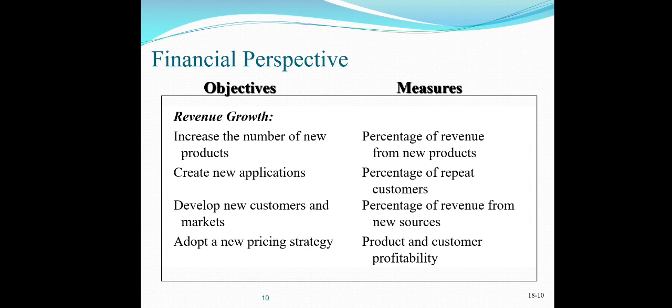For increasing the number of new products, the measure is percentage of revenue from new products. Create new application, the measure is percentage of repeat customers. Develop new customers and market, percentage of revenue from new sources. If the objective is to adopt new pricing strategy, then the measure can be product and customer profitability.